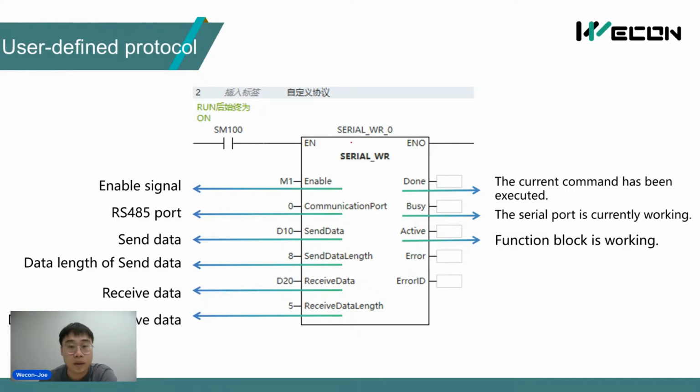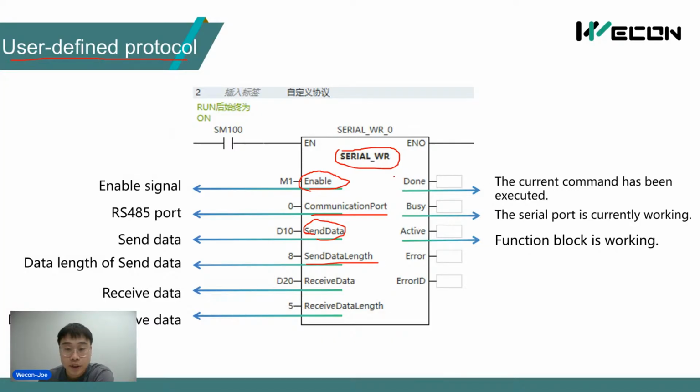This is also our new function block in the A500 PLC. It's used for user-defined protocols. They are similar to the Modbus RTU function block. Enable signal is the same as the Modbus RTU function block, and communication port, send data length. So I think they are easy to understand.